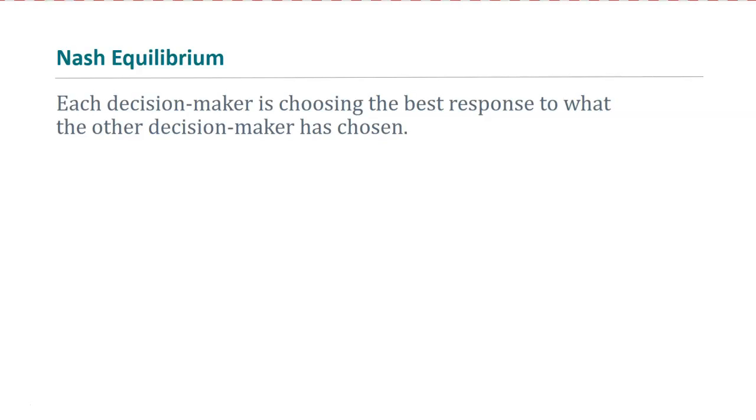It's that situation where each decision maker is choosing the best response to what the other decision maker has chosen. So you don't know what they're going to choose, but at the end of the day, when everybody shows their cards, if you've chosen the best option based on now knowing what they chose, and they the same, then we call that a Nash equilibrium.